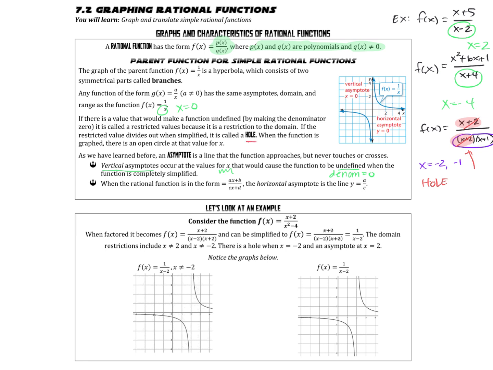But the key thing is a hole happens when the factor divides out. So a vertical asymptote is an x value that makes the denominator of your rational function 0. A hole occurs when we have a factor that divides out that originally would have been a domain restriction, that originally would have given you 0 in the denominator of the fraction.